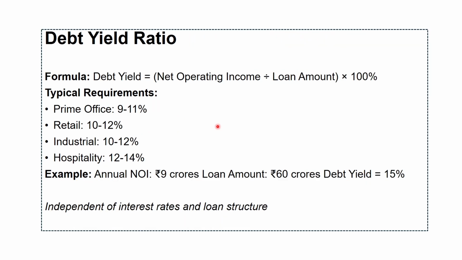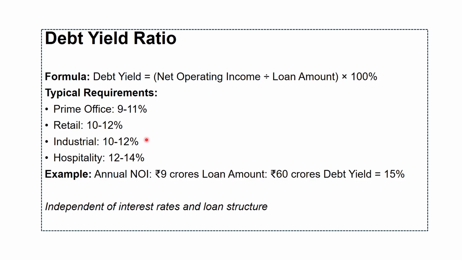Then we move to the debt yield ratio. Debt yield is net operating income divided by the loan amount times 100%, showing income relative to the loan.